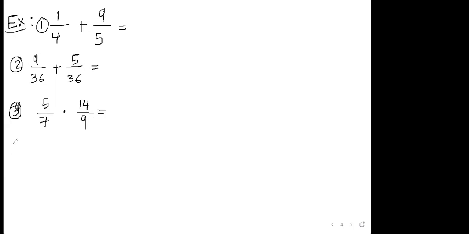What's the answer? Fourth one is 5/7 times 3/7. The answer? And number 5, simplify 5 times 6 over 7 times 6. What is the answer?